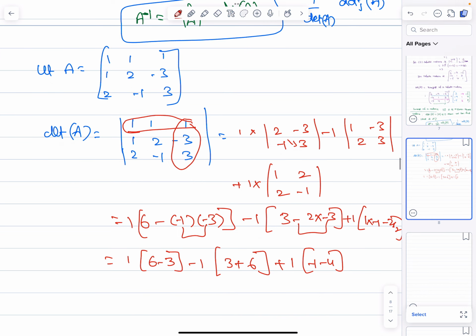So this is 3 minus 9 minus 5, which is equal to minus 11, which is non-zero.